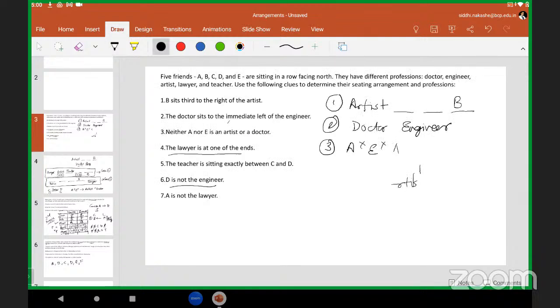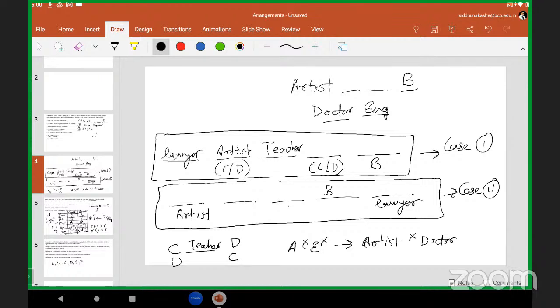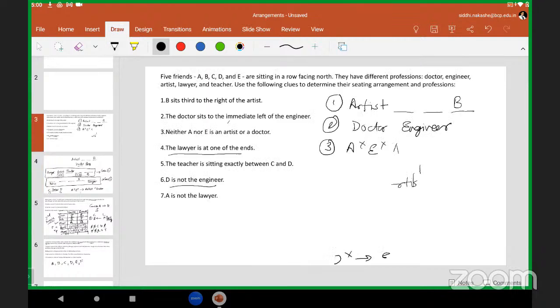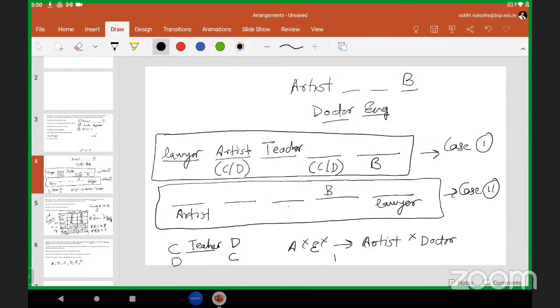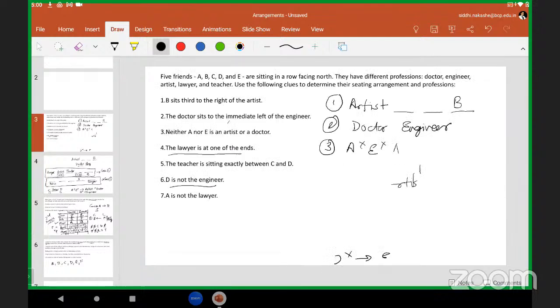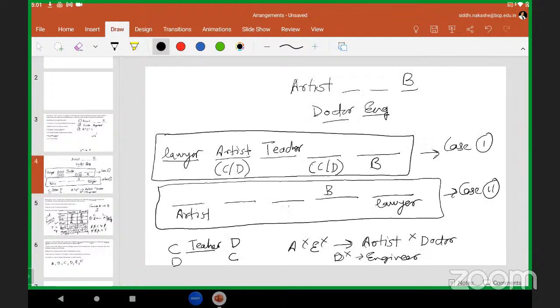D is not an engineer. D is not an engineer. A is not the lawyer. So A is not the lawyer.